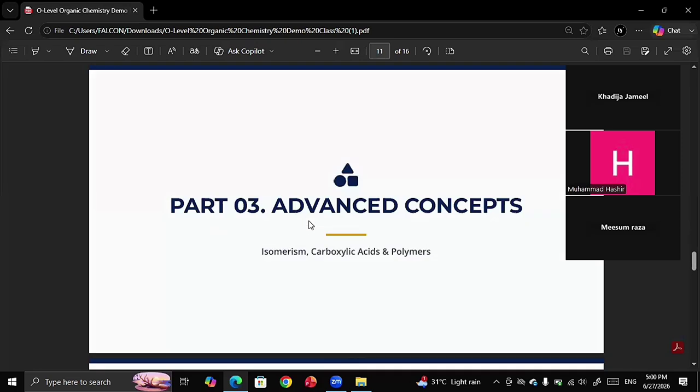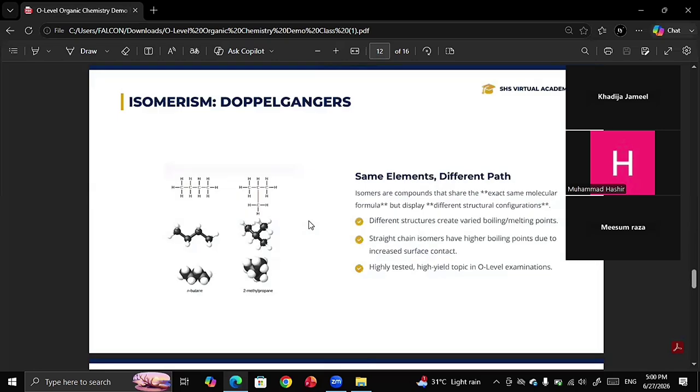Now there are other concepts like isomerism, carboxylic acid, and polymers. Isomerism is the same chemical formula but different shapes and forms. They can be in cyclic form as well as hexane, and in a single straight chain as well.